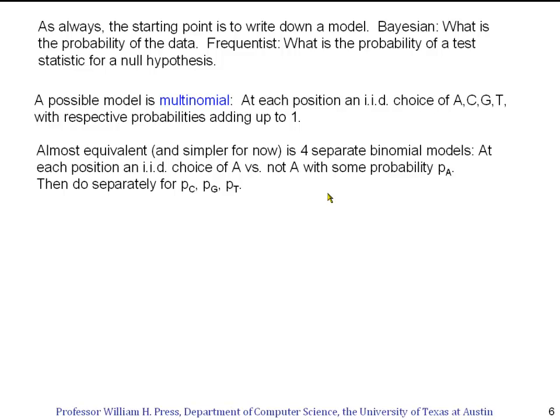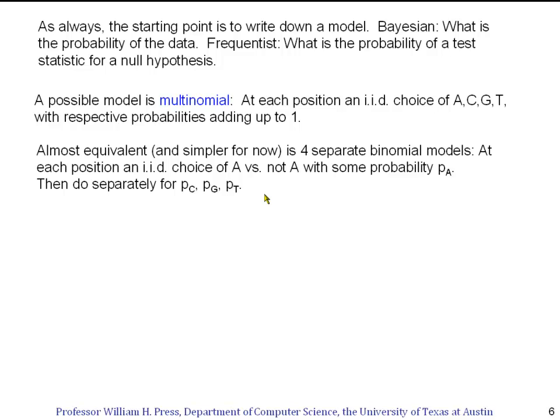The difference between the four separate binomial models and the multinomial single model, if you think about it, is that in this case, we're not constraining the four separate fluctuations to add and subtract out to the total number of bases in the string.